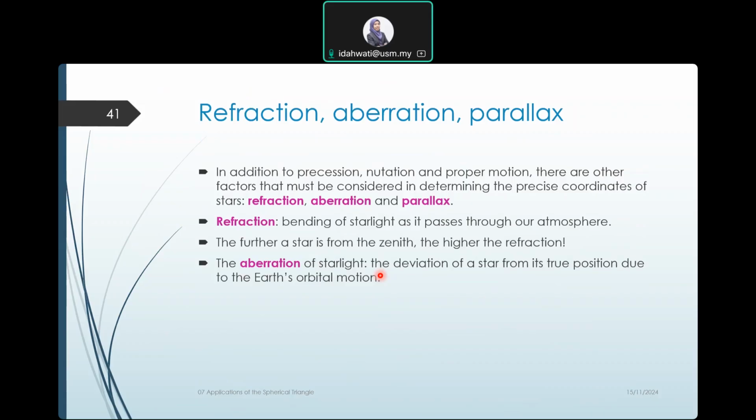It is related to the atmosphere, where the line of sight of the observer to the source, the source being the star you are looking for.